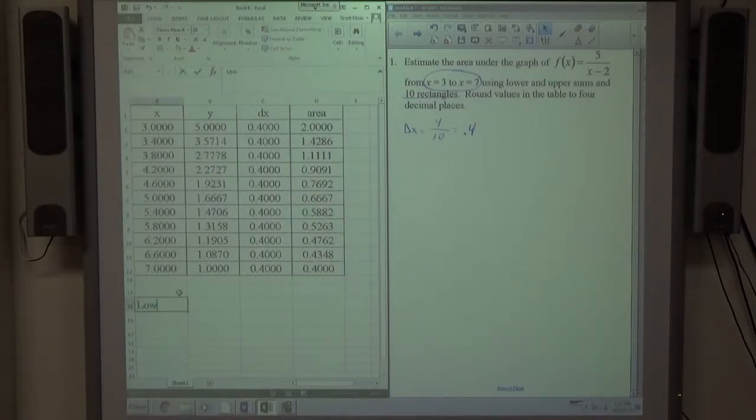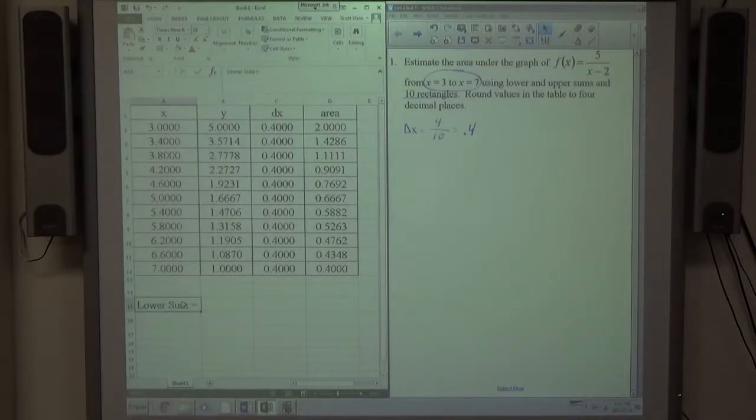The lower sum is going to be the sum of the smallest 10, which would be these 10. I need to increase this size a little bit for it to fit. So I put lower sum equals in this cell, and right next to it, I put equals the sum of the smallest 10.